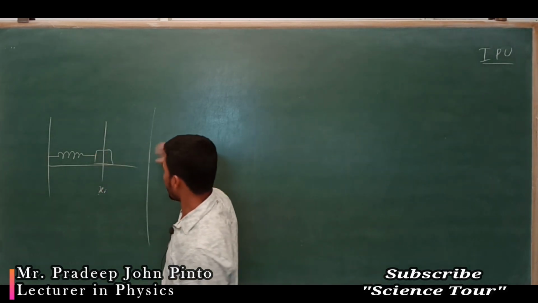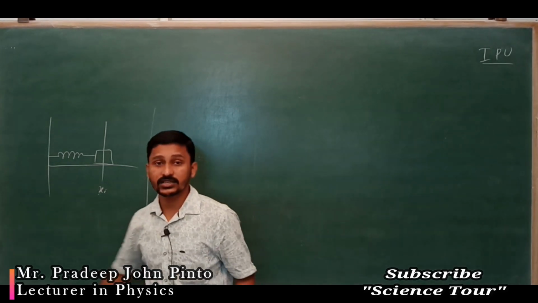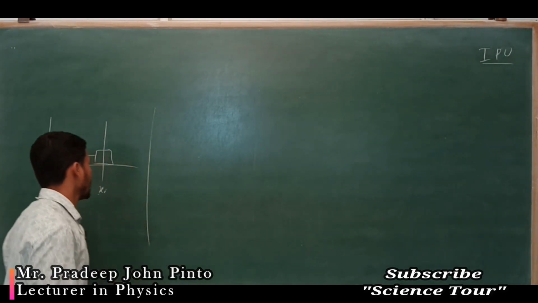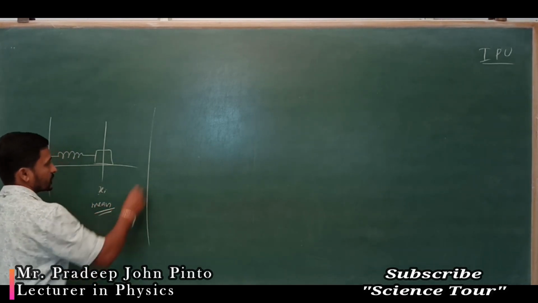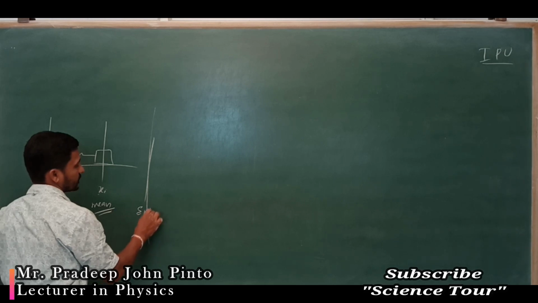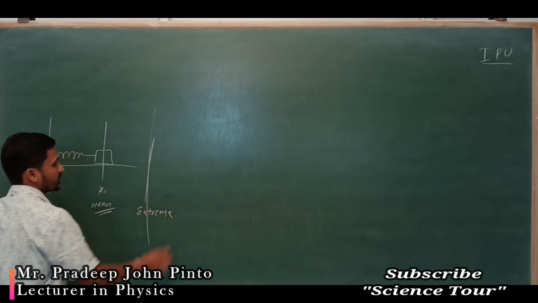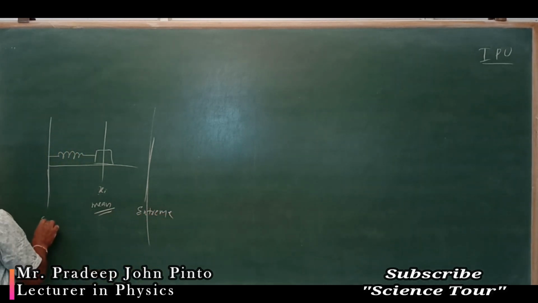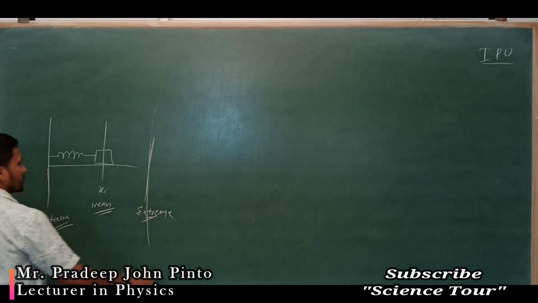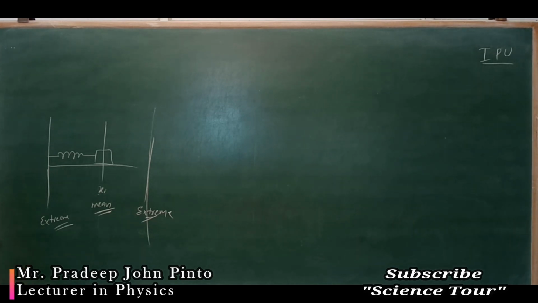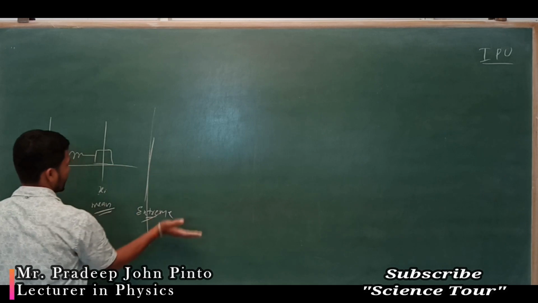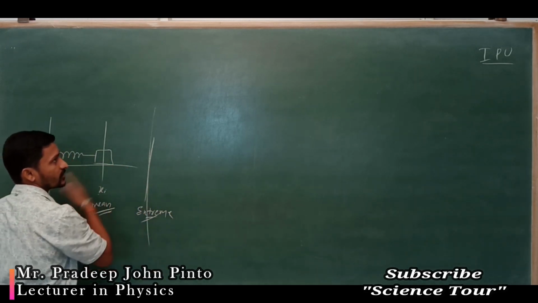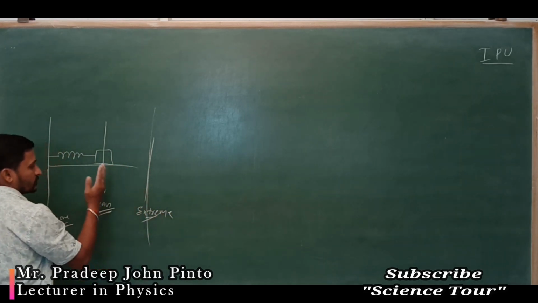It will come back to the extreme position. This is the mean position, this is an extreme position, and this is also an extreme position. I pull it and leave it, and it goes on oscillating.